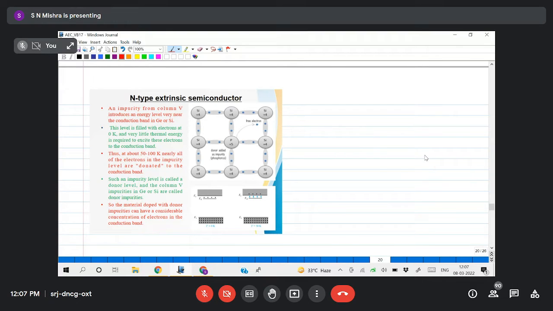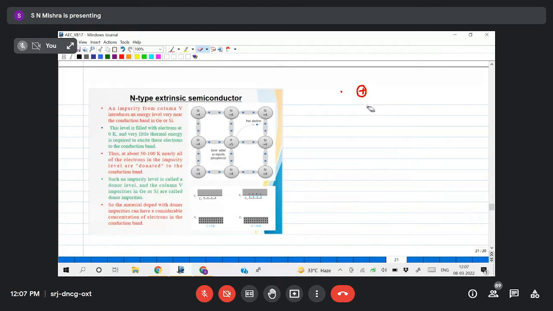So phosphorus we have added. This diagram shows that phosphorus, a pentavalent atom, is added at the center of this structure, where it will provide one free electron, right? One free electron, and once it has donated that electron, it becomes a positive ion.